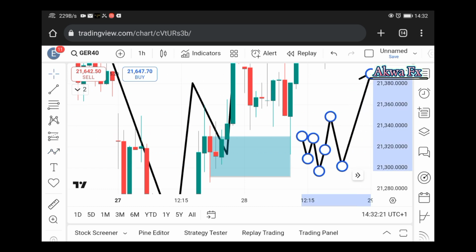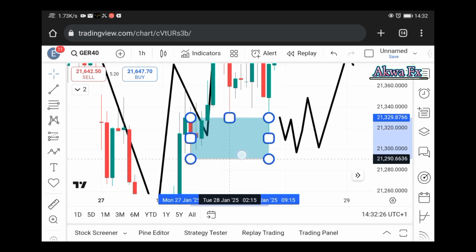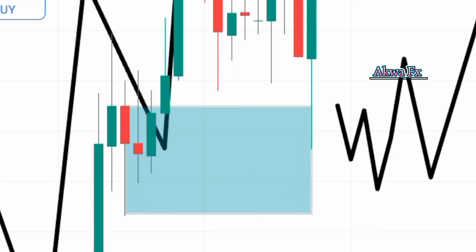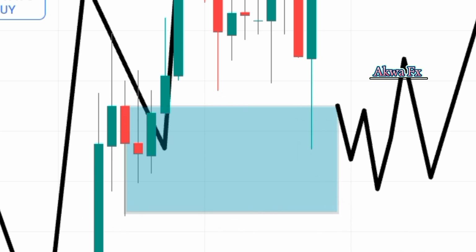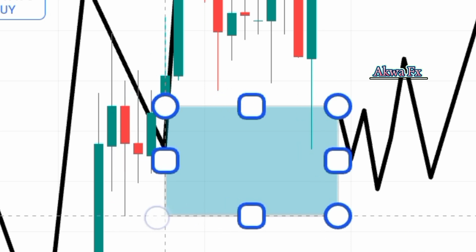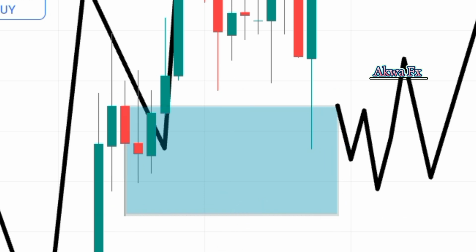You can see on this very one, there is no grab of liquidity. It hasn't violated this zone. The market is still within this zone. While the other one, the market comes back and violates this very zone to the downside before it breaks structure to the upside.